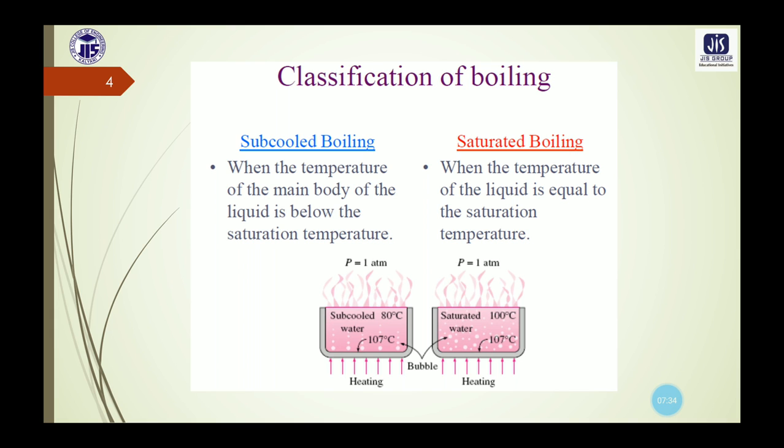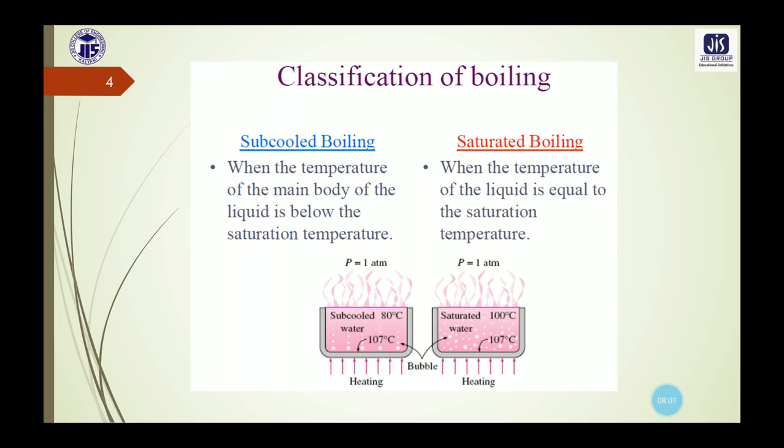In this local boiling, the liquid temperature is below the saturation temperature, and the bubbles are formed in the vicinity of the heated surface. You can see here at the bottom of the container, bubbles are being formed.